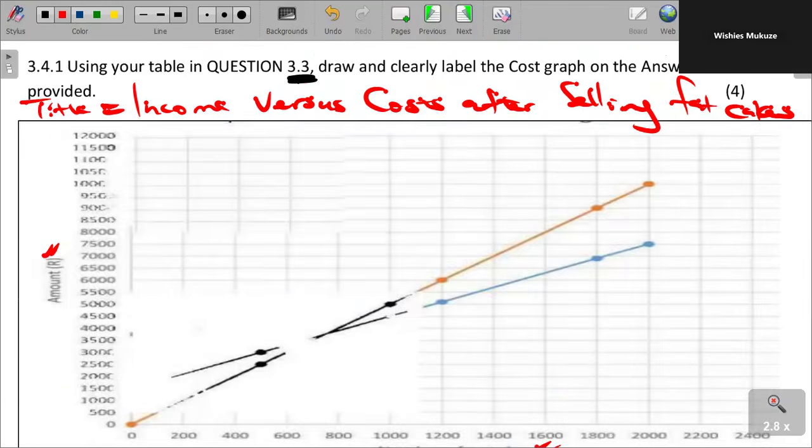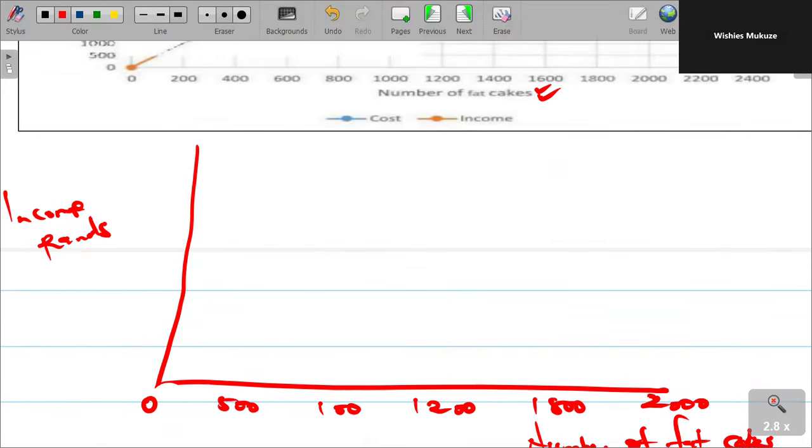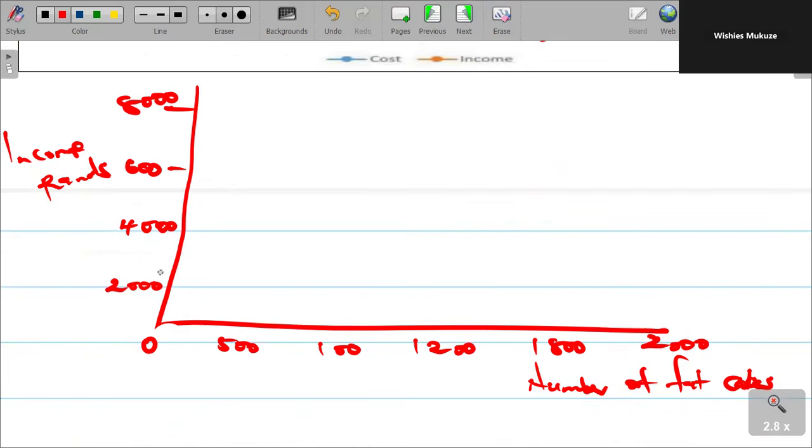So we can choose a suitable interval, let's say 2,000, 4,000, 6,000, 8,000, just to choose a suitable scale like that.